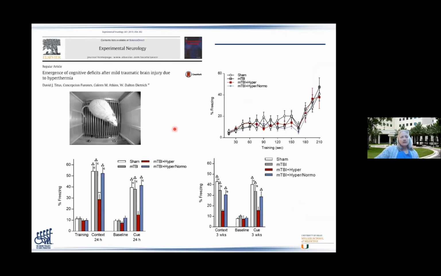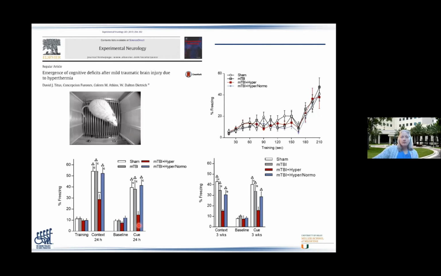Dr. Atkins and Titus in the lab went on to look at cognitive deficits with mild traumatic brain injury using the fluid percussion injury model, with the cognitive assessment looking at fear conditioning. When the animals were given a cue after they had been trained to associate the cue with the electric shock, those that had undergone hyperthermia had a marked decrease in the freezing response.